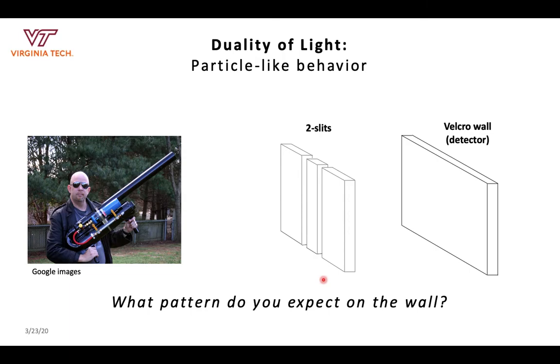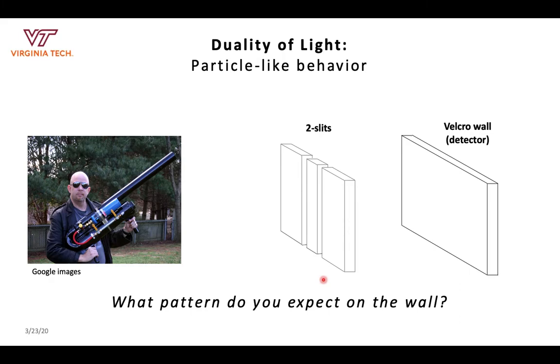Okay, so the next thing I want to remind you of is the duality of light. Here we'll talk first of the particle-like behavior. If you have an uncle or someone who likes to build potato guns or other types of cannons, you could perform an experiment that would demonstrate the particle-like behavior, or at least be somewhat analogous to it.